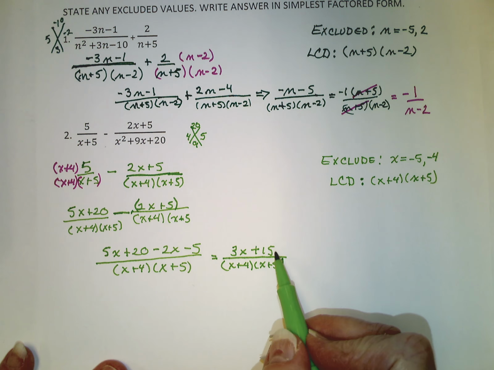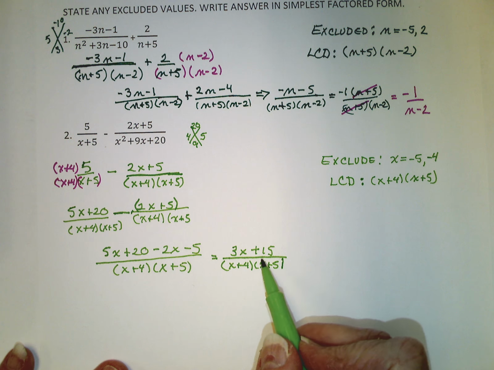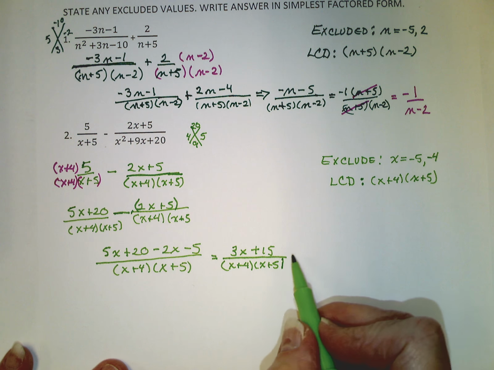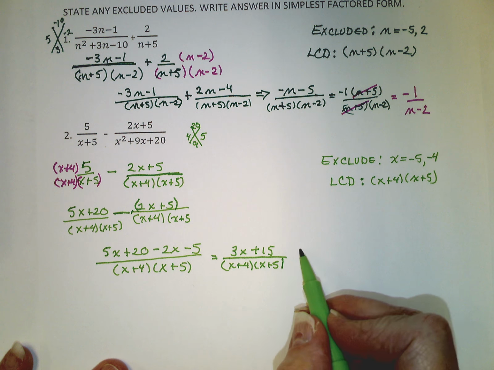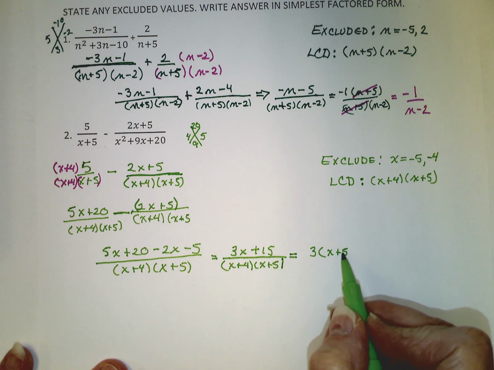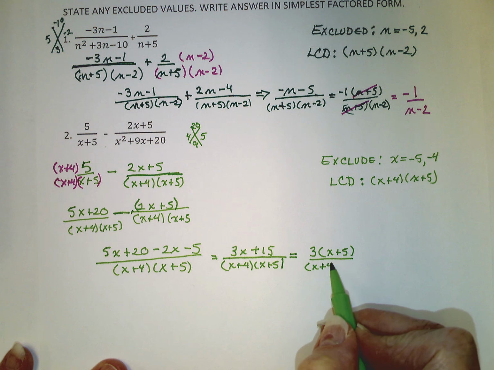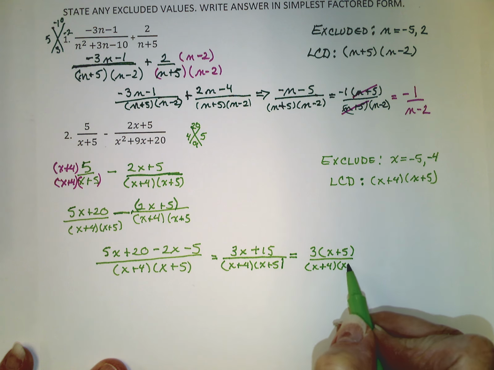We can factor this numerator. Now sometimes it does us some good and sometimes it doesn't. Either way, we're going to try factoring. Because we have a common factor of 3. Oh, look.